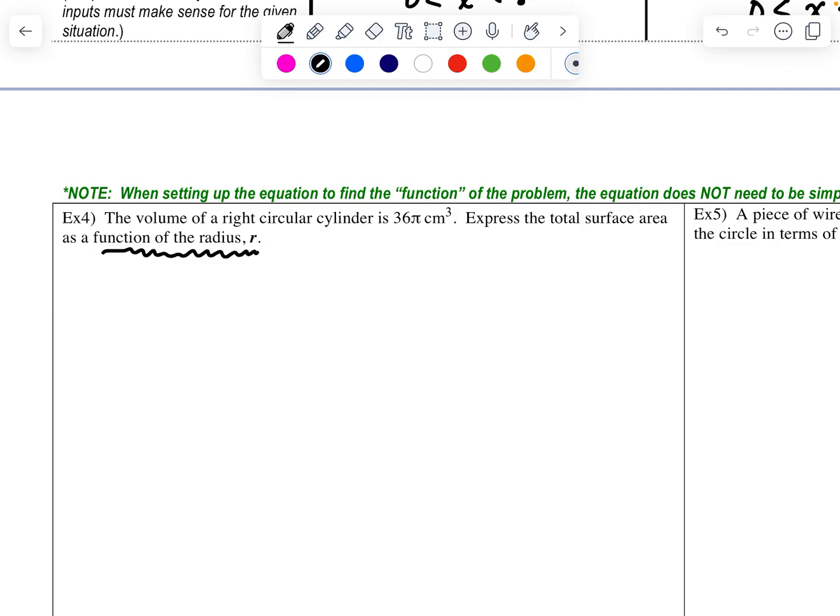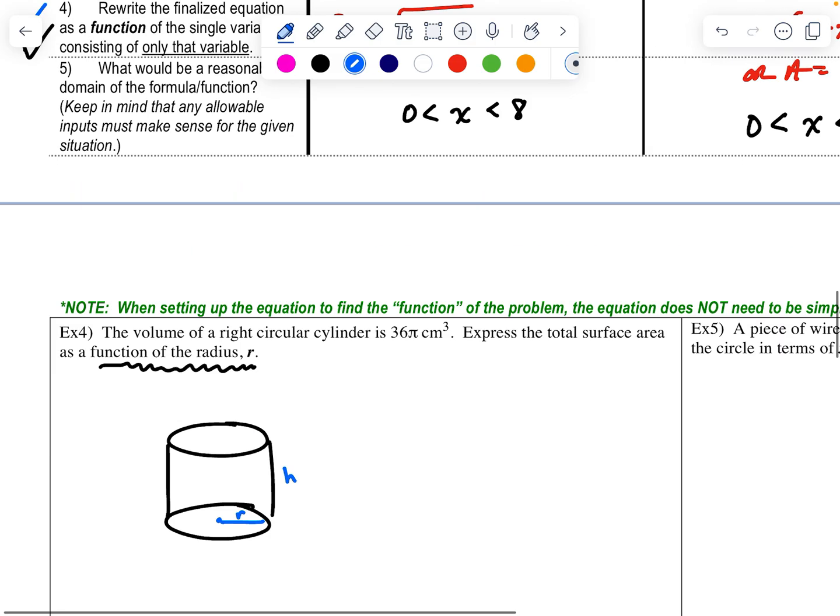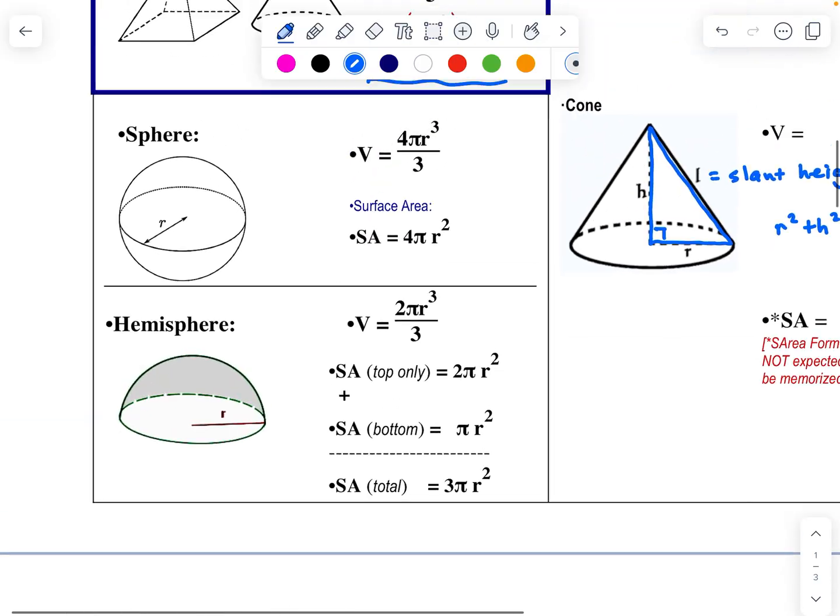So I'm going to start by drawing a right circular cylinder. Circle, circle, whoosh, whoosh. Things that you need to label in this picture: here's your r and here's your h. Volume, I'm just going to scroll back up to remind you I did give this to you.